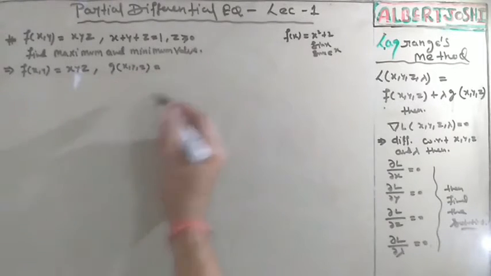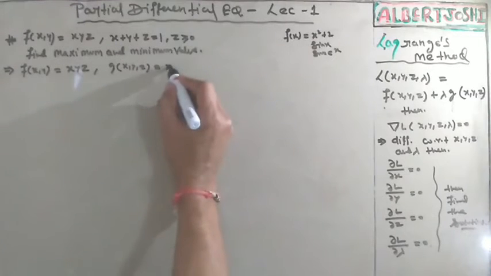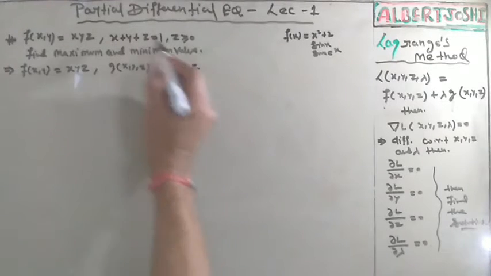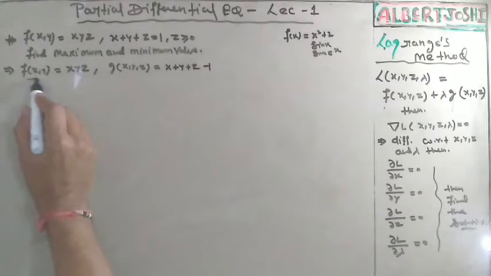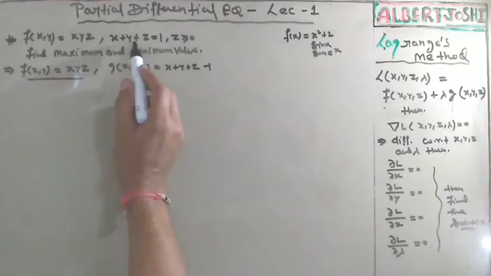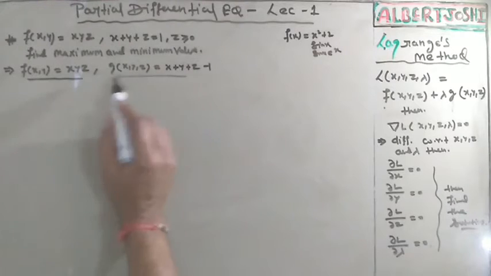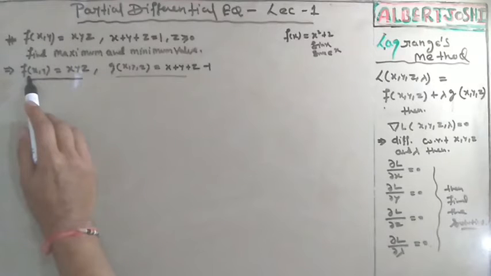This is the function they have given us, and this is the constant, which we denote by g, and the function we denote by f.